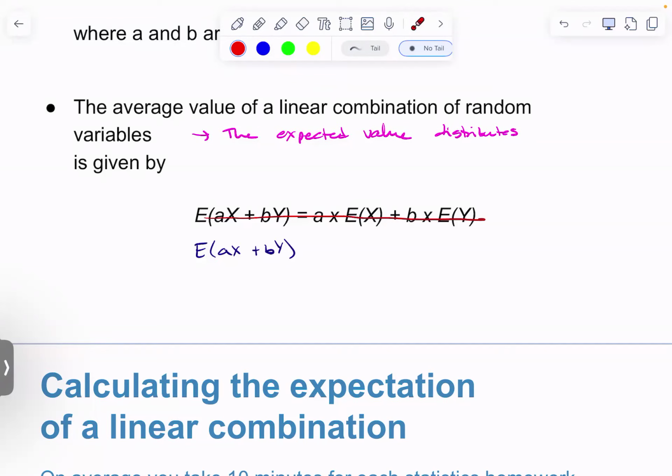And so you can kind of bypass it and say, okay, well, this expected value is going to latch onto these variables that have random outcomes. So what this looks like is you get A times the expected value of X plus B times the expected value of Y.